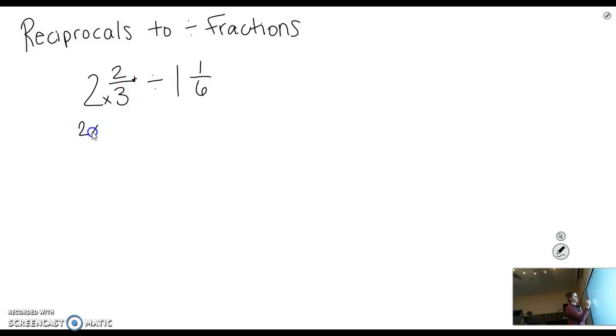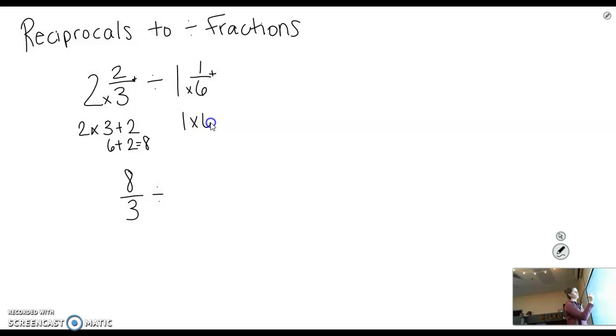So I'll have 2 times 3 plus 2. So I'll have 2 times 3 is 6 plus 2, which equals 8. So now I have 8/3 divided by, remember I have whole number times the denominator plus the numerator.